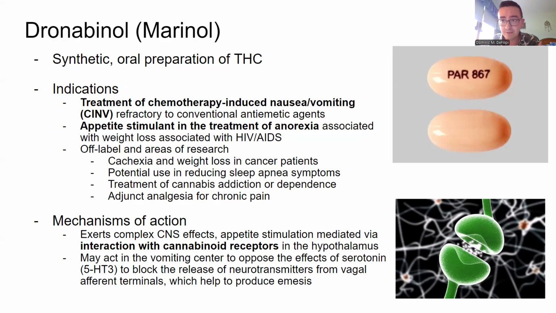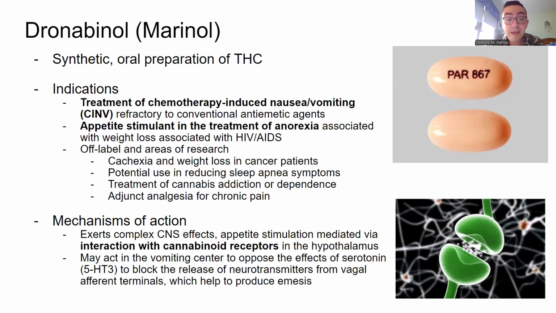They get very, very nauseous, especially with overuse of recreational strains. So it's kind of ironic that you would use THC to help with hyperemesis, as well as cannabis addiction and dependence. It makes sense logically, but it is kind of ironic. And it can also be used as an adjunct analgesic for chronic pain as well. So again, off-label. Our main ones though are chemo-induced nausea and vomiting and appetite stimulation.